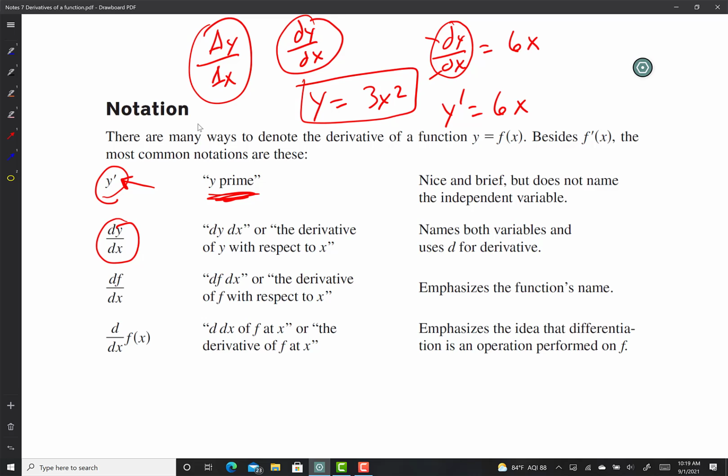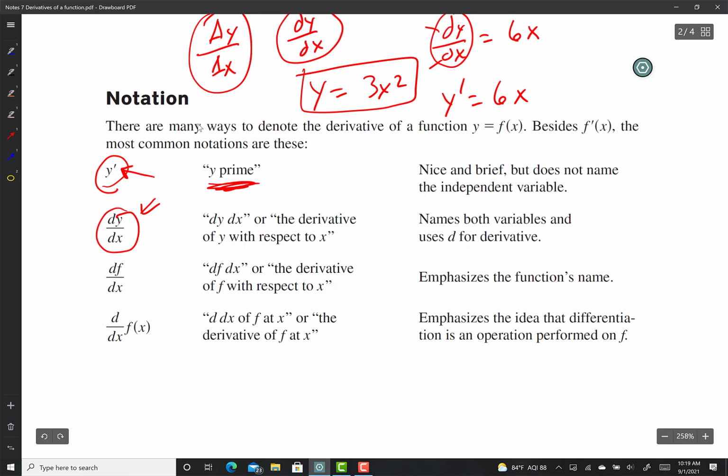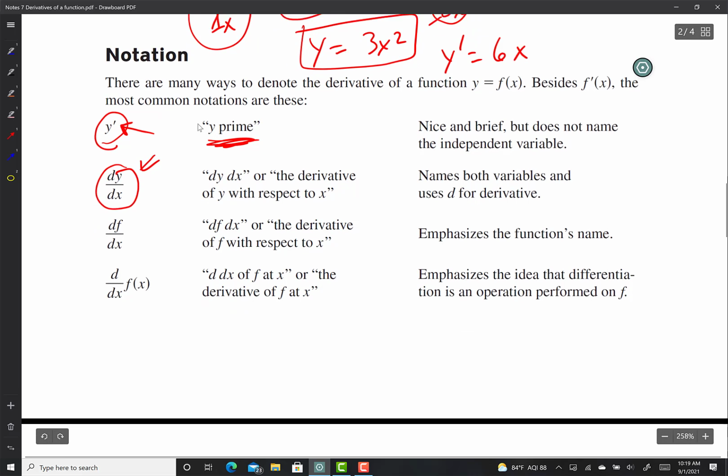Think of that dy as a super small change in y over a super small change in x. Like if you're zooming in on a graph, what's that slope? Does that make sense? So that's where this notation came in. By the way, the inventors of calculus were Leibniz and Newton, and we're using their notations.